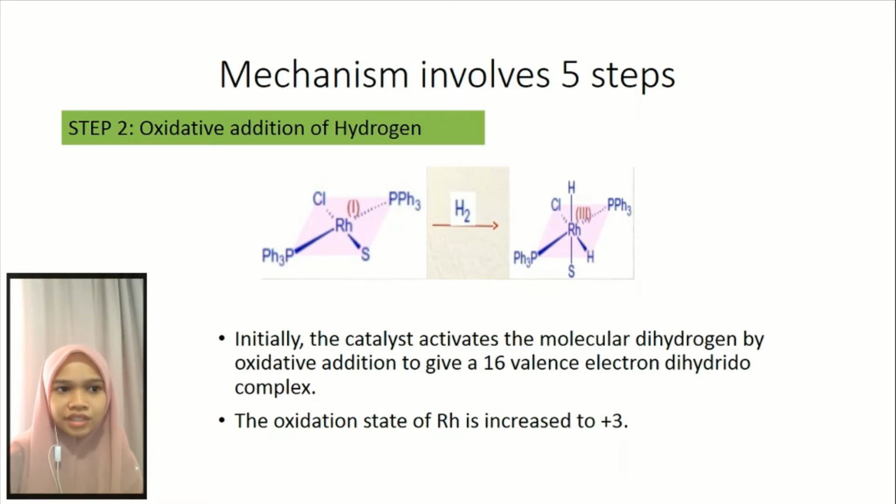Initially, the catalyst activates the molecule dihydrogen by oxidative addition to give a 16 valence electron dihydro complex. So from the 14 electron complex, it converts to a 16 electron complex by adding dihydrogen. And also the oxidation state of Rh is increased to +3 after receiving the hydrogen.